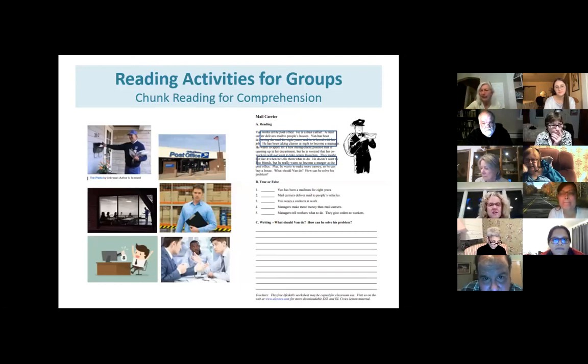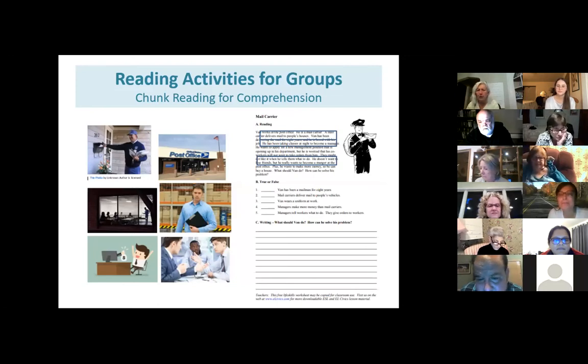Okay, so just one last thing, I think, if you remember back to our pie chart, there was reading and writing, which you can do with groups. In general, I would have an article like the one you see on the right here, and I would break it down into maybe a couple of sentences, and we would just go around, and each student reads a little piece of the story.